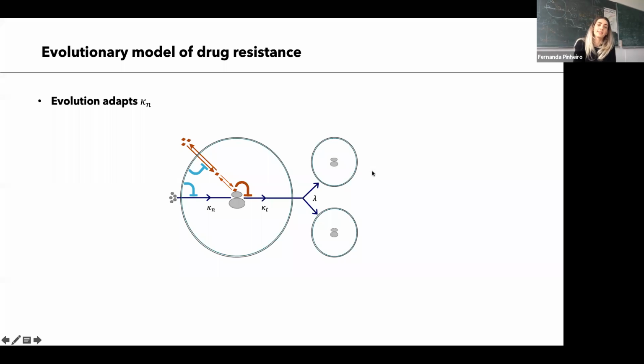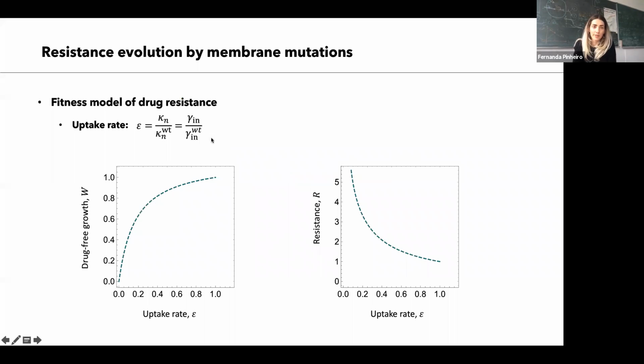So here we would relate a phenotype that we extract from the system under drug challenge with something that is independent of the drug, but they would be related by a single parameter.